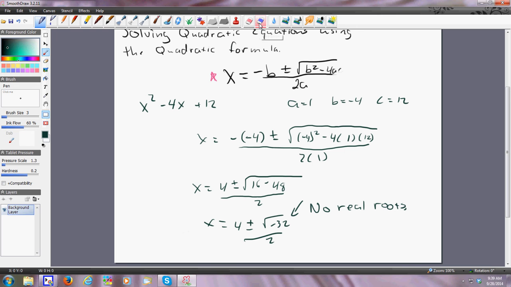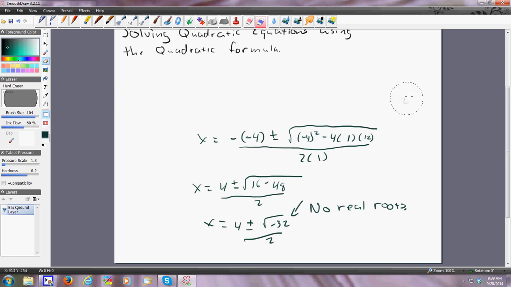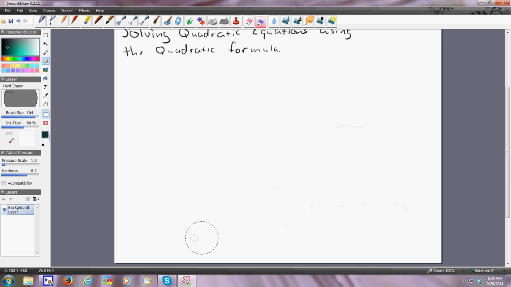I'm going to do one last thing, and I don't want you guys to get confused, so I'm going to erase everything. And I want to show one last piece of information. Let's say it's something like this: x equals 4 plus or minus the square root of 32 over 2.